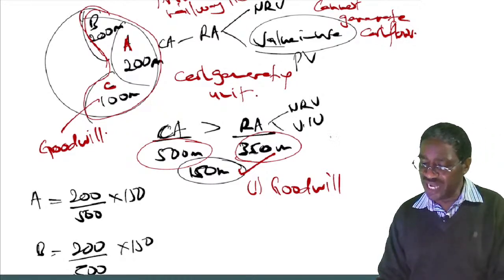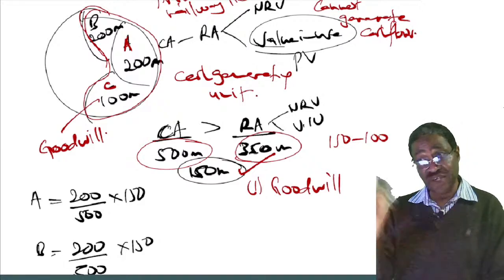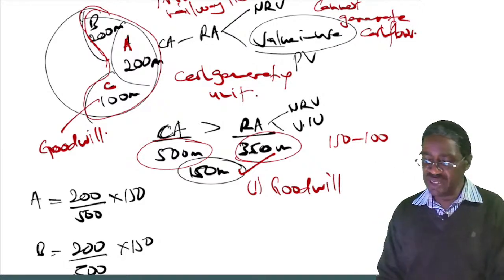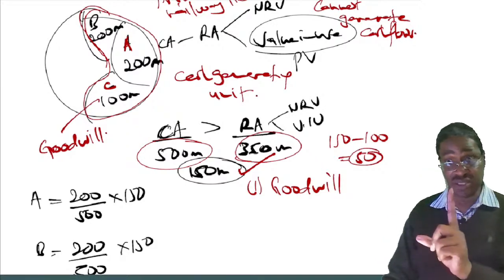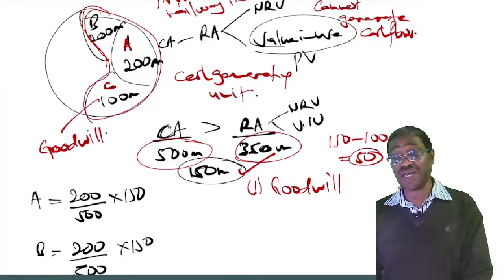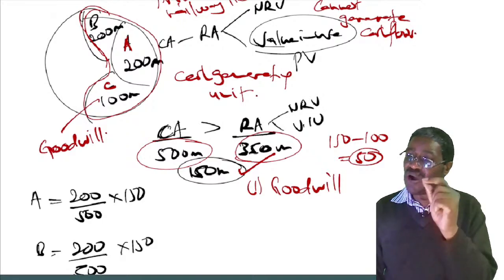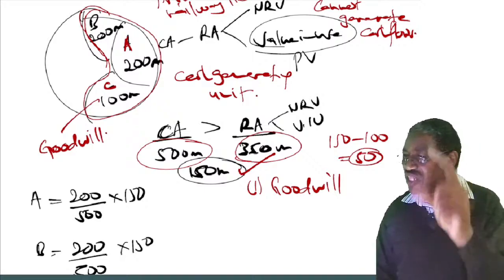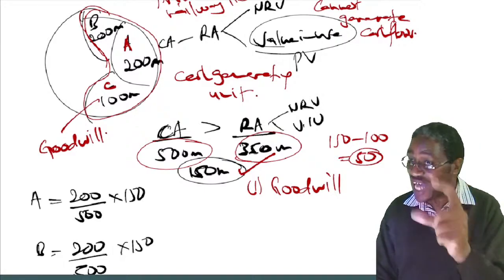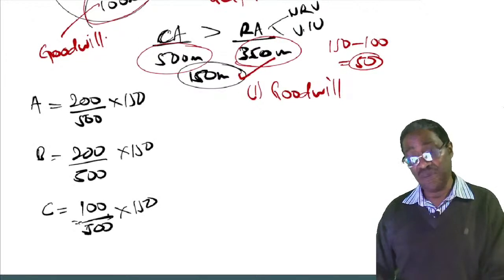So you take that 150, you minus 100 to write off the goodwill. That means you will be left with a balance of 50 impairment. Once you get the balance of 50, it is that 50 that you now allocate to the other assets in the unit on the basis of their carrying amount.